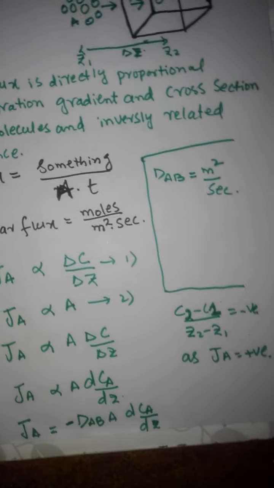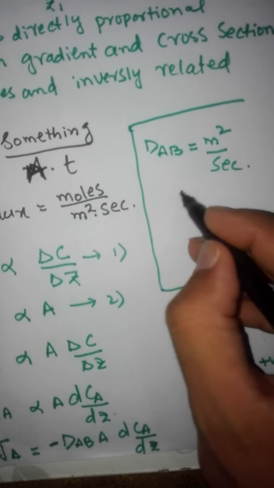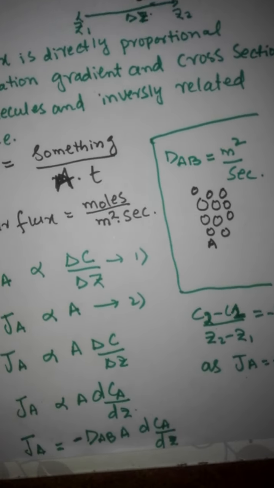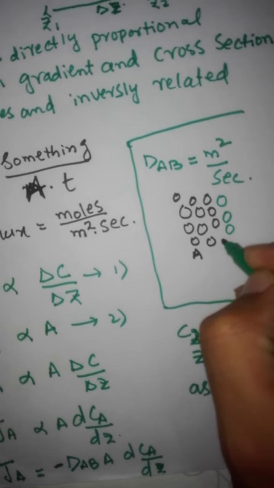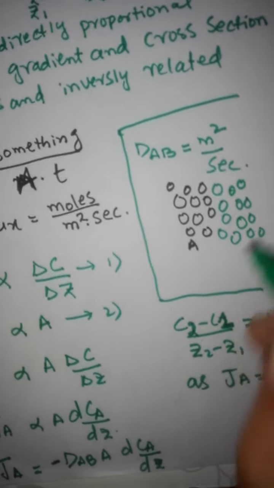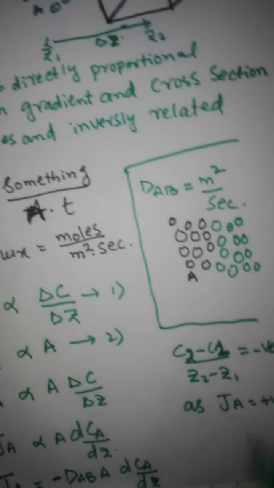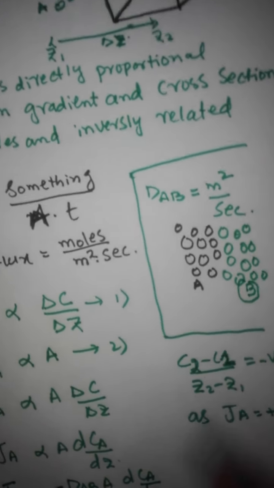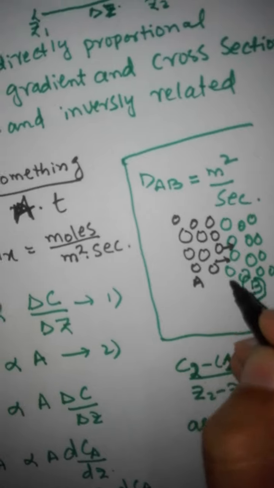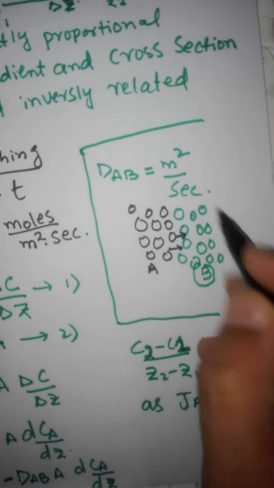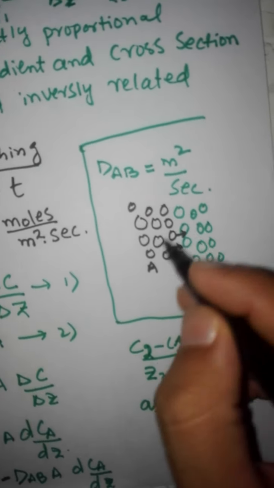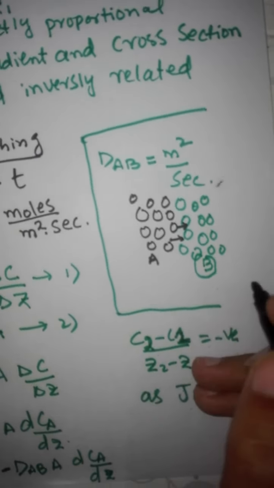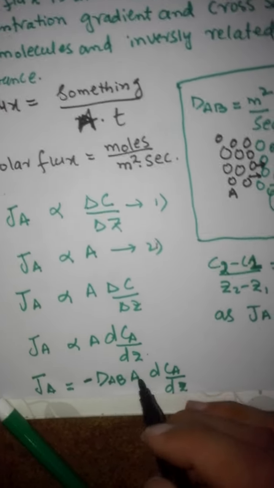Its meaning is: suppose this is molecule A, and these molecules are diffusing or traveling in other molecules, molecule B. Suppose gas A is traveling in gas B. The speed of molecule A in molecule B is known as diffusivity, how much A travels in the molecules of gas B. So these are all about Fick's law of molecular diffusion.